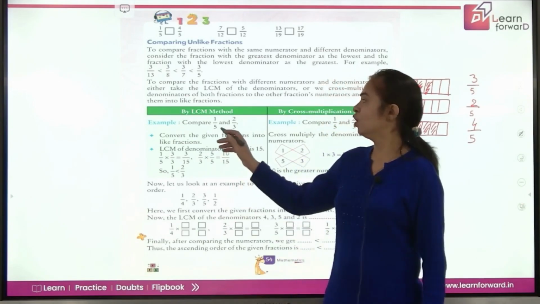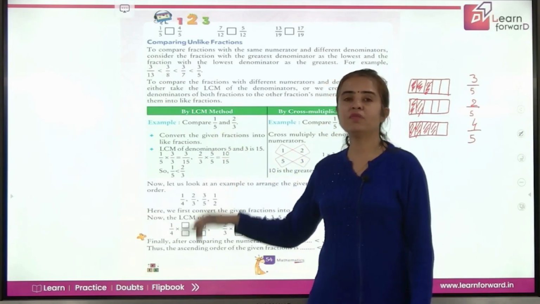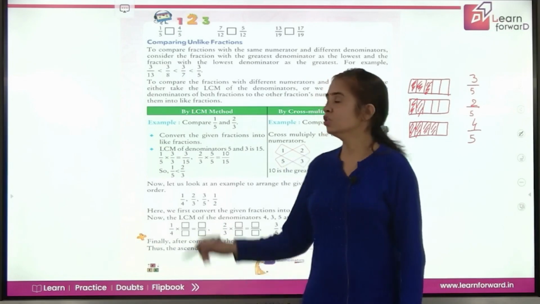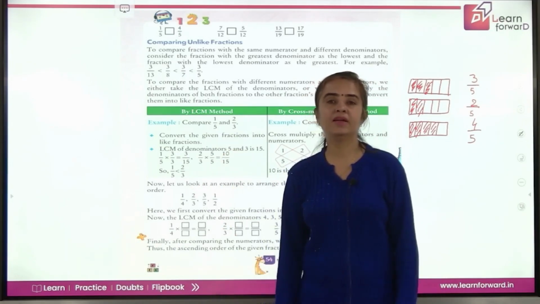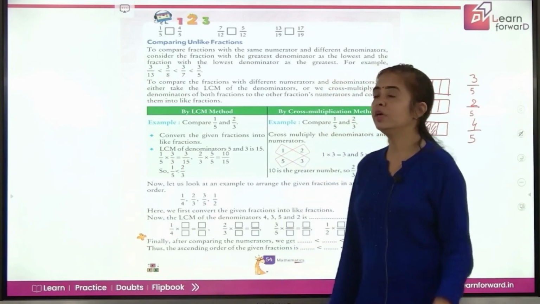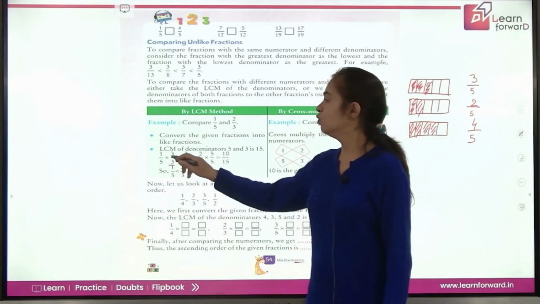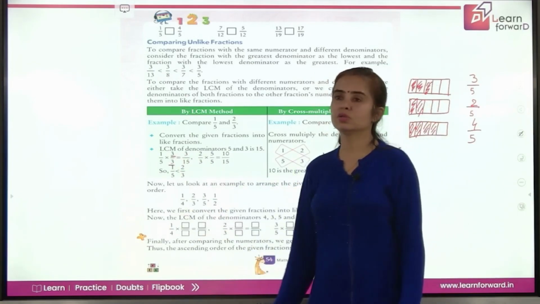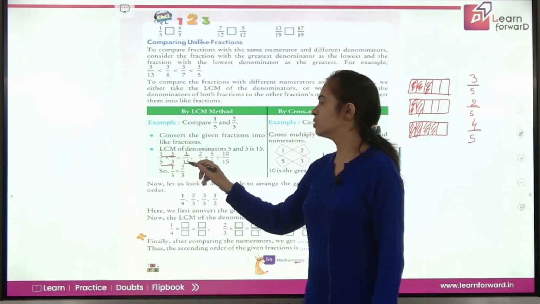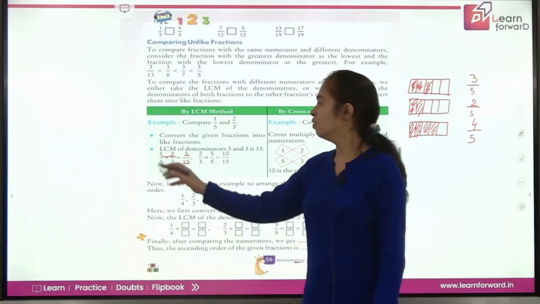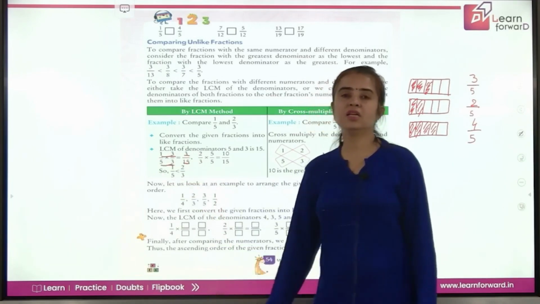So what is the LCM of 5 and 3? 15. So if you want to change 5 into 15, by which number will you multiply? 3. So you will not do it only with the denominator, you will do it in the numerator also. So what you get is 3 times 1 is 3 and 5 times 3 is 15. So 1 by 5 is the same as 3 by 15.